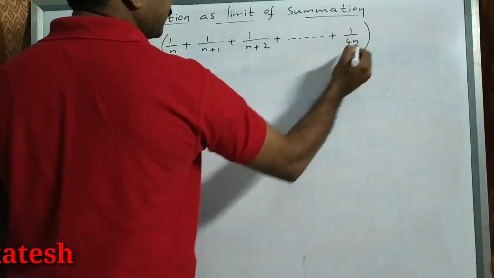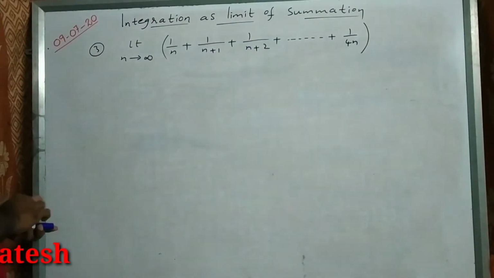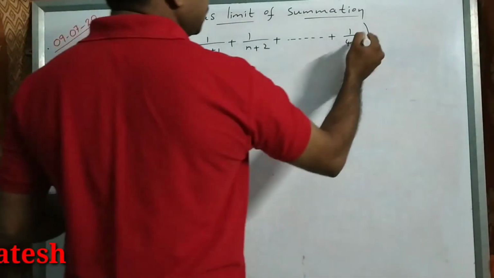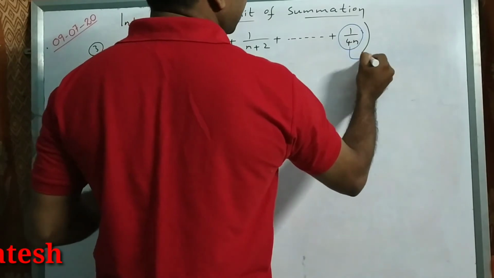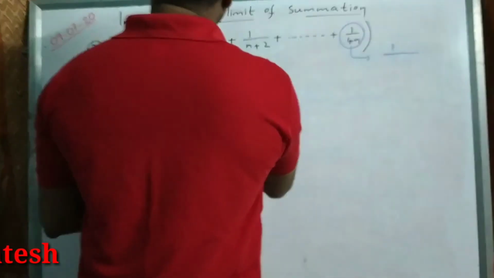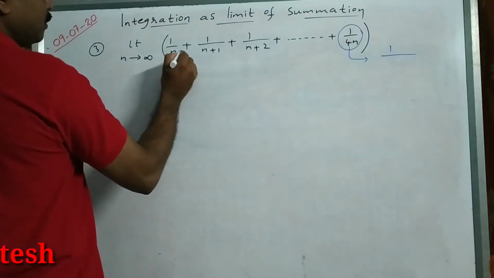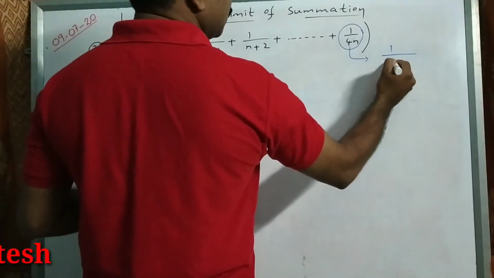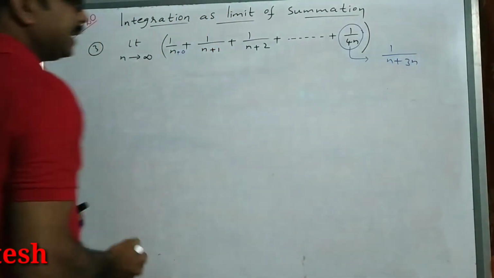Okay? So how do we write this? This 1 by 4n is there. Now I will write 1 by, this is n plus 0, n plus 1, n plus 2, so on, n plus 3n I can write, right?